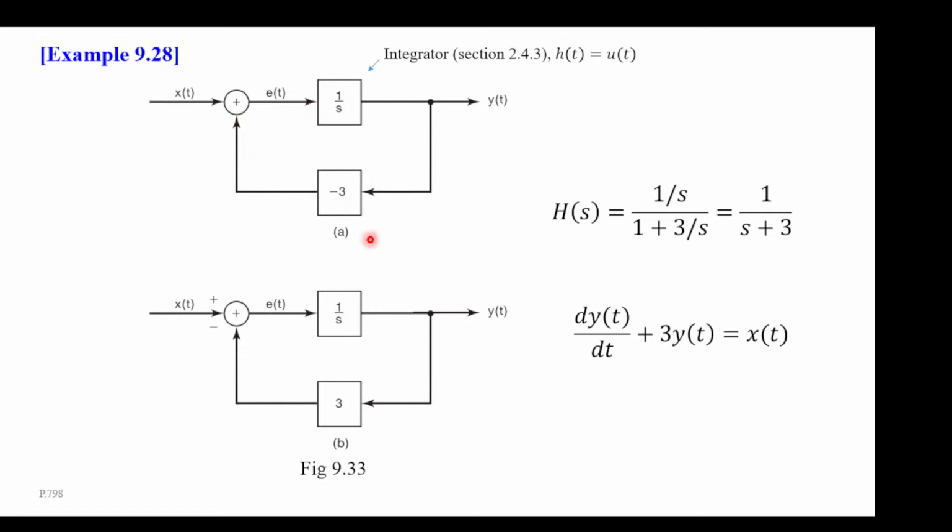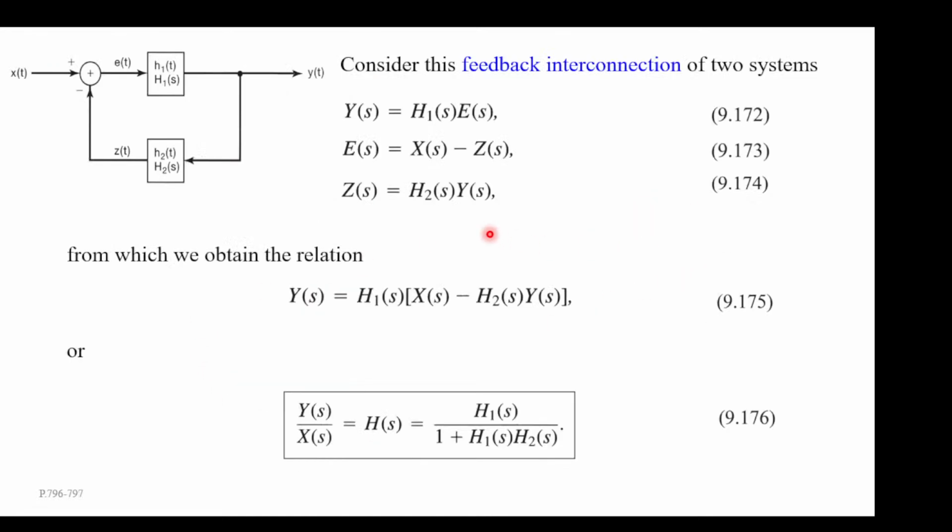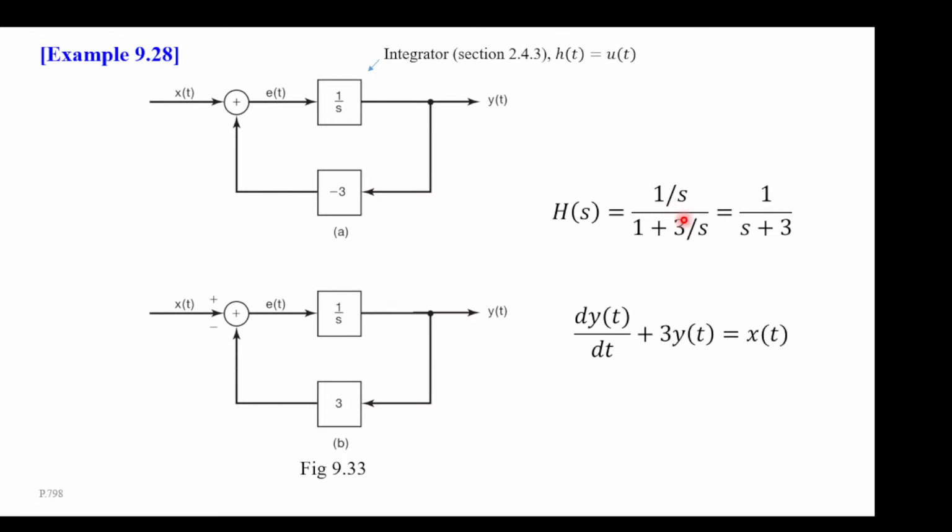And we remember this 1 over s corresponds to h(t) equal to u(t). If you do the inverse Laplace transform, that corresponds to an integrator here. So that was the integrator feedback loop design we had for this differential equation, and we see that we can derive it a bit more easily by looking at the system functions, the Laplace transforms.